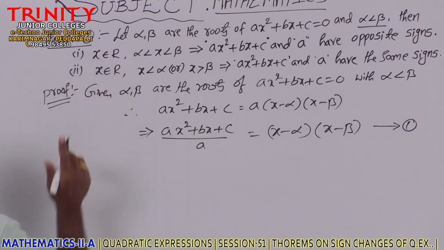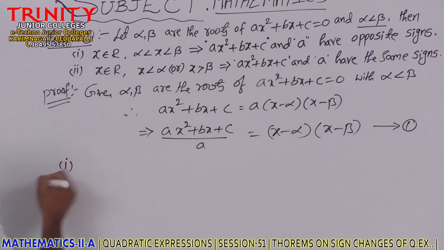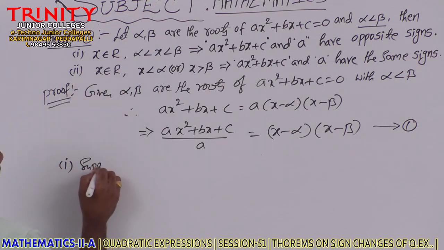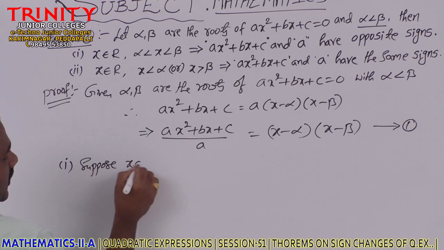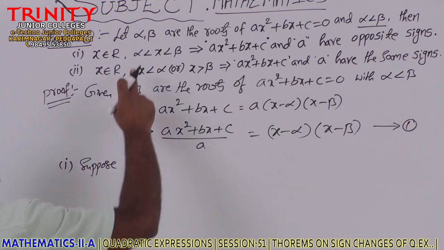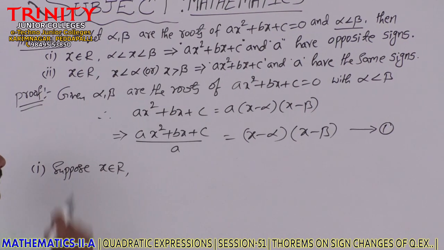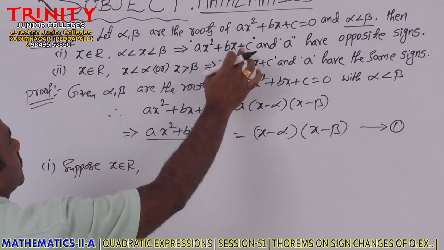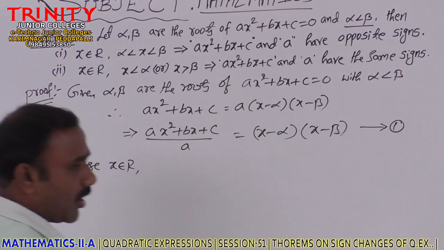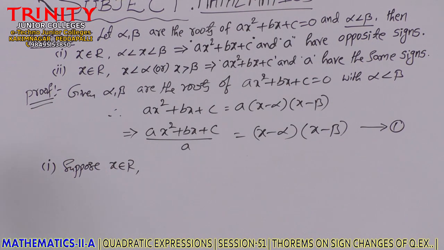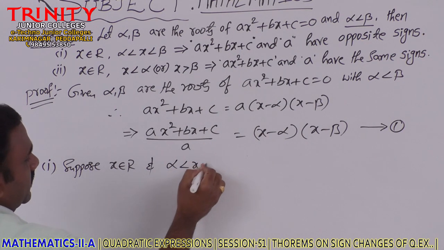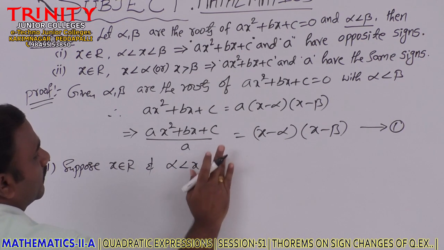Now we are going to prove the first part of the theorem. Suppose x belongs to R and alpha less than x less than beta. We have to prove that ax square plus bx plus c and a have opposite signs.